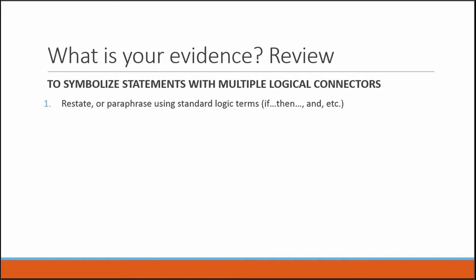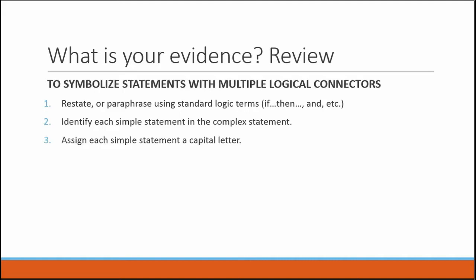This will help you to identify each of the relevant parts of the statement. You need to identify each simple statement within the complex statement and assign each simple statement a capital letter. Remember, for this class, we have the convention of assigning the first letter of the bolded capitalized word to represent the simple statement.